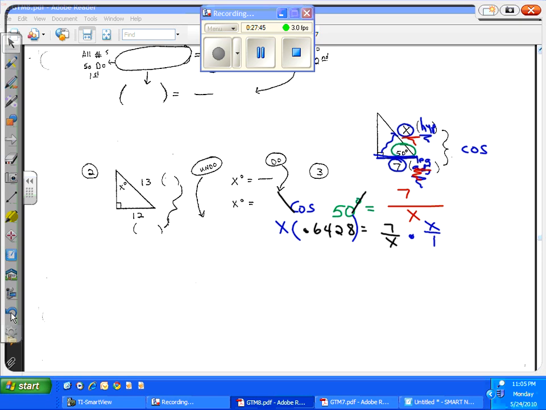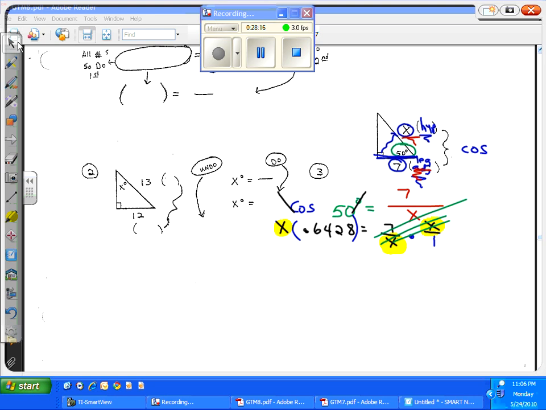Remember that? I think it's page 231 of the algebra book where it teaches that. 230, 231, somewhere in there. I could actually be wrong on that one. But anyway, if we want to get rid of that denominator of x, then we multiply by x to both sides, and it gets rid of it.